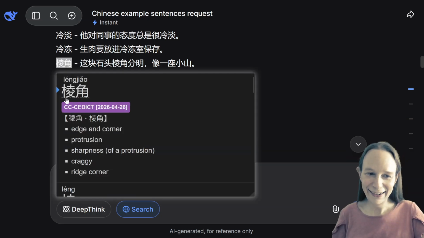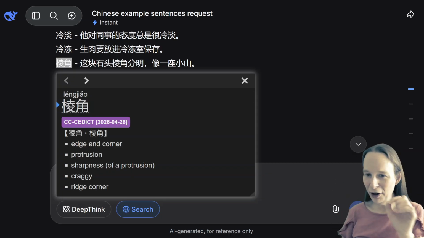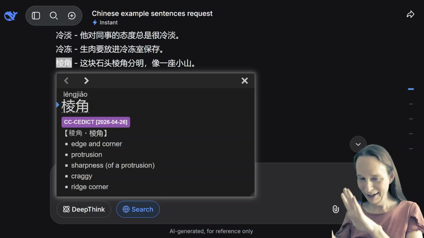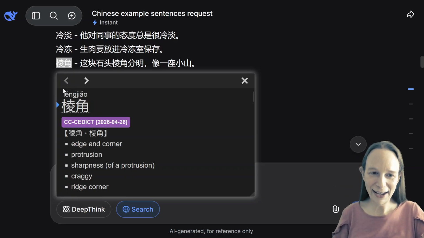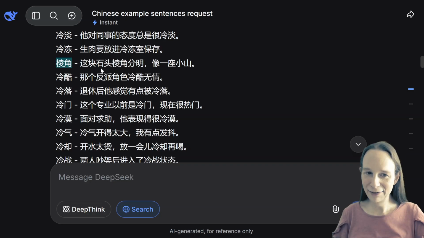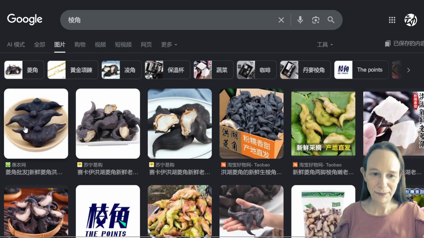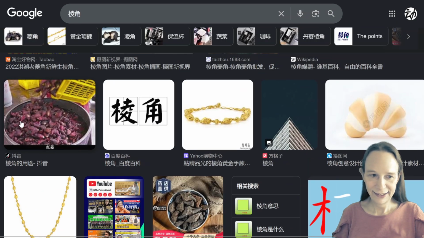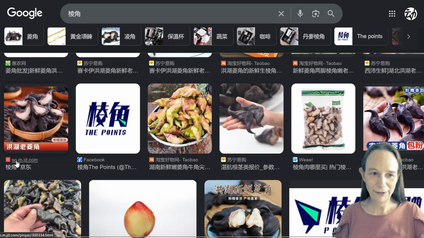So 棱, edge of a polytope, and 角, corner of a polygon. So if you put them together, you get some kind of concept. It seems figurative. I don't know what this is. Is it some sort of food?